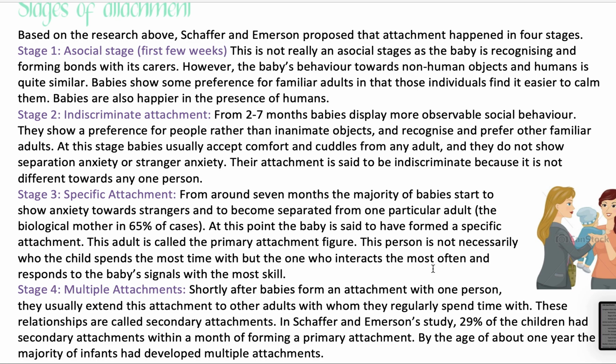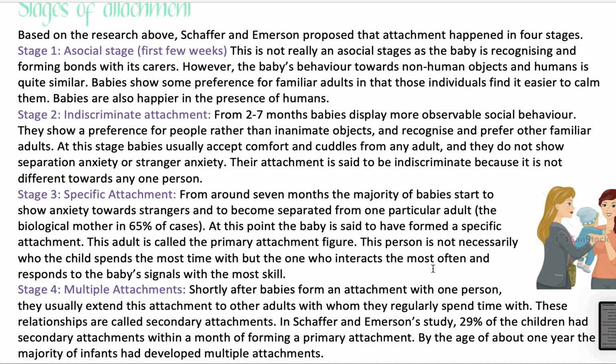So the asocial stage is essentially, there's not much difference in how they behave towards non-human objects, so toys, etc., and humans. Indiscriminate stage, so around 2 months to 7 months, is the idea that babies don't discriminate in who they show preference for.